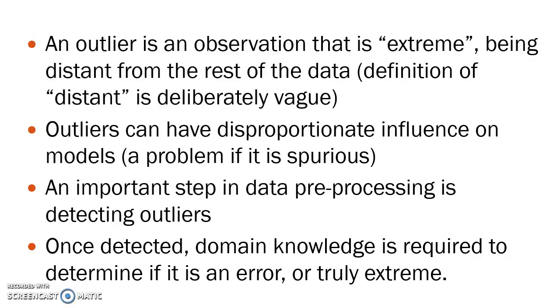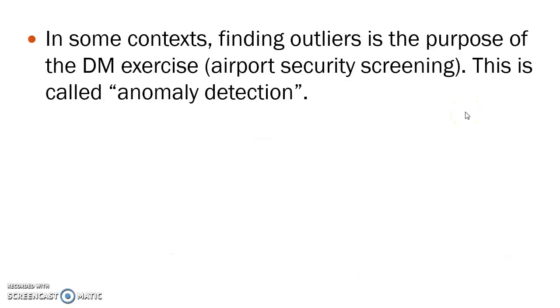It's sometimes an important step in pre-processing, but other times it can actually be part of the actual process. Maybe you are trying to find that outlier because that's actually what you're looking for. For instance, the airport security screening, you're looking for that anomaly, that record that just stands out among the rest. So usually we want to get rid of those depending on the problem, but there are times where you're actually looking for those outliers.